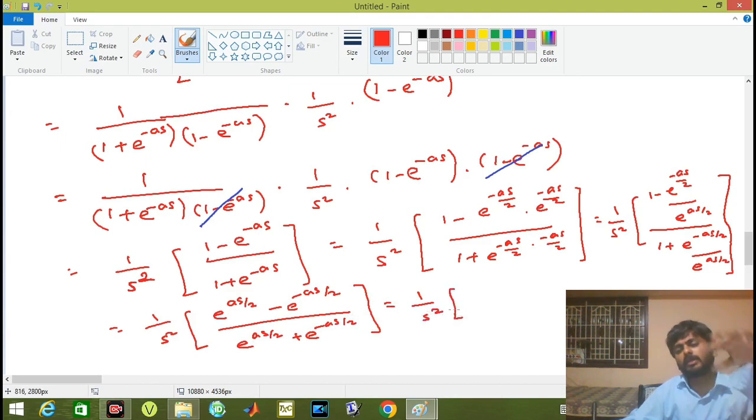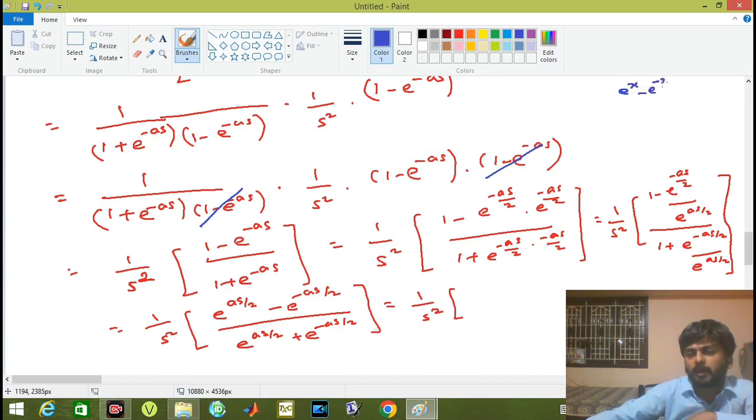I have already given you in the previous problem the relation between the exponential terms and hyperbolic functions. So this expression is in the form of e power x minus e power minus x divided by e power x plus e power minus x.